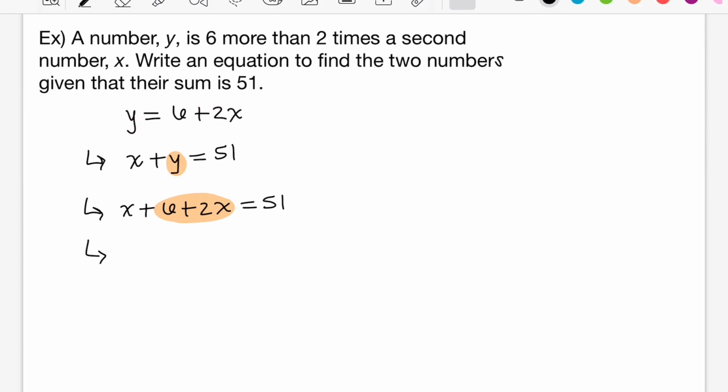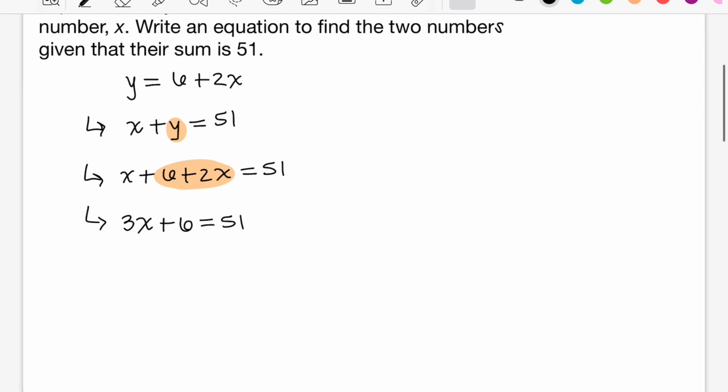At this point, we can just solve for x. We have x plus 2x, so that's 3x plus 6 is equal to 51. Taking away 6 from both sides, we get that 3x is equal to 45. Then dividing by 3 on both sides, we get that x is equal to 15.